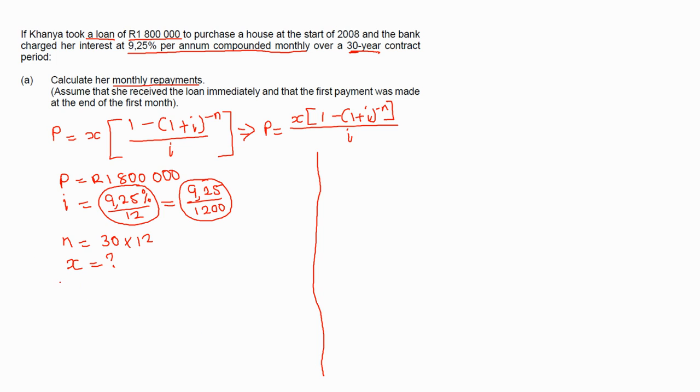So where there's P, we write P, which is 1,800,000, is equal to X, and then we substitute them.